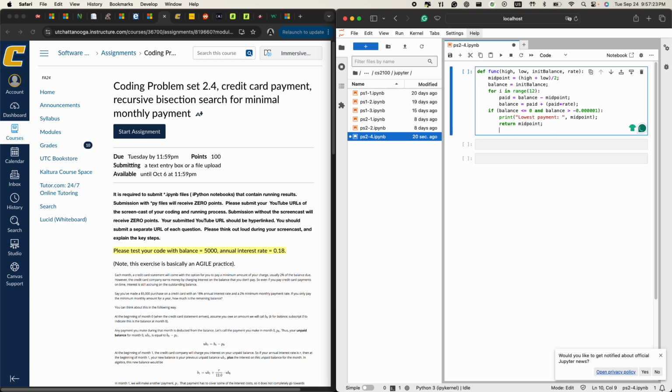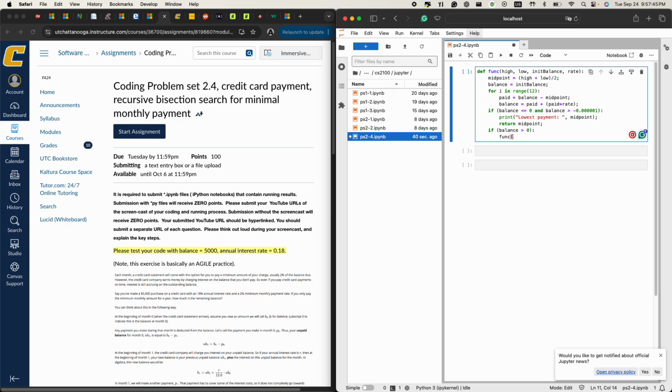And then we will go through our others if we are not in the right range. So if the balance is greater than 0, meaning we didn't pay enough, then we will call the function again recursively, and we will give it new values.